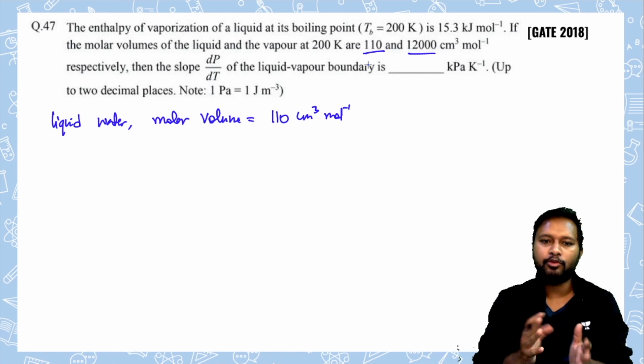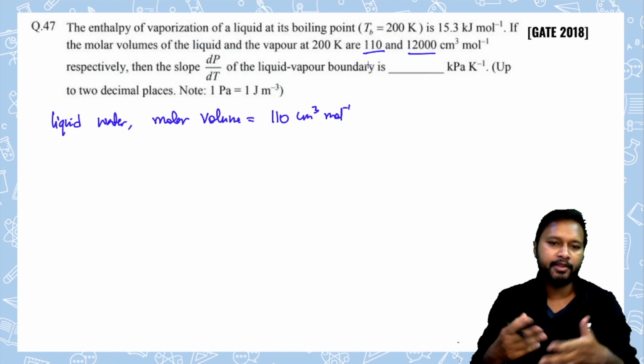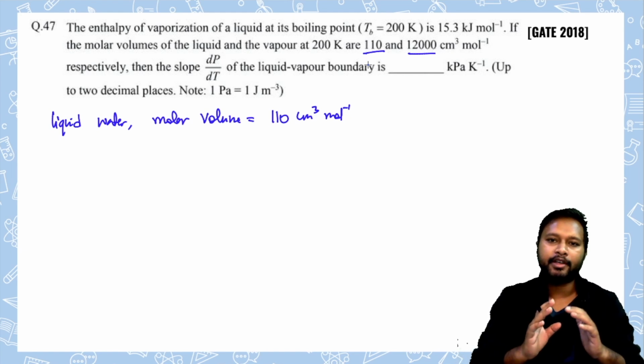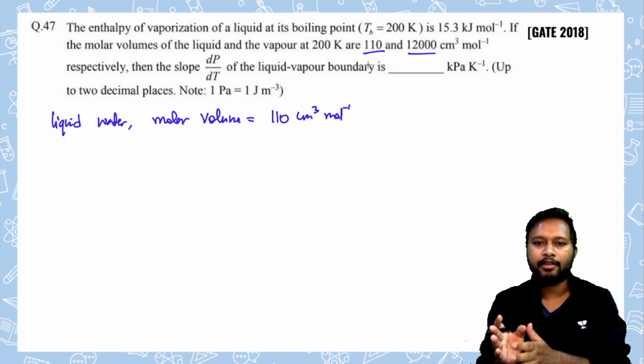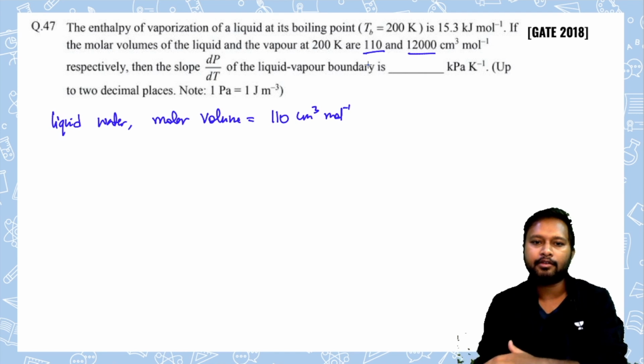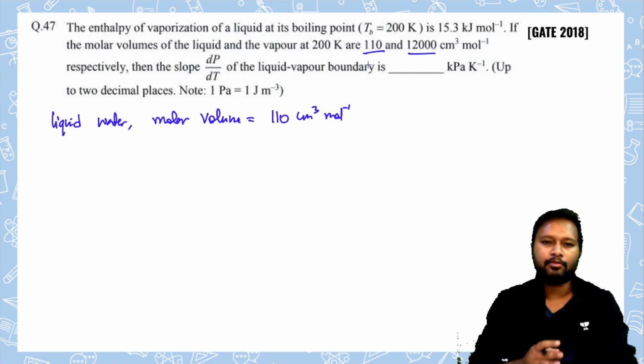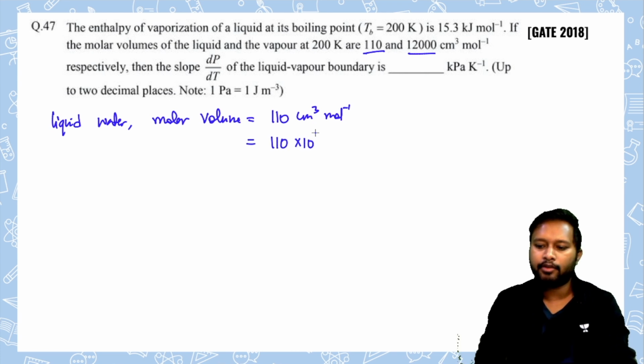CGS and MKS are two standard ways of representing units. I'll represent it in MKS, meaning length should be in meter, weight should be in kg, and time should be in second. So 110 centimeter cube can be written as 110 into 10 to the power minus 6 meter cube per mole. Okay, that's what it is.